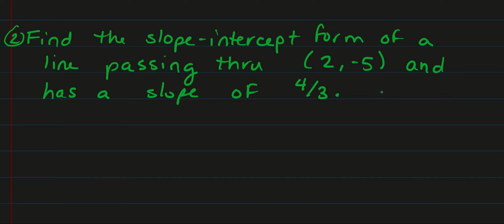So how can we find the slope-intercept form? Well, there's actually two ways to do this. The easiest way is to actually use point-slope form and then make this look like slope-intercept form. I'm going to show you how to do that, and then I'll also show you a second way that you can use. So to find the slope-intercept form, we first start with point-slope form.